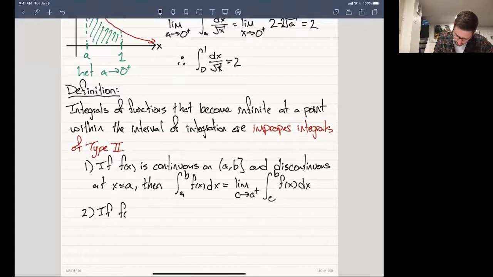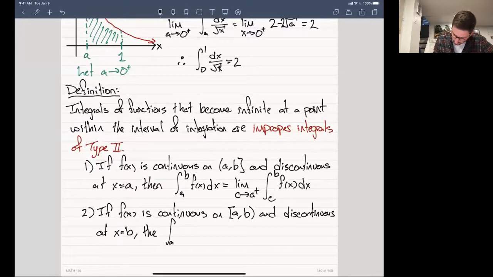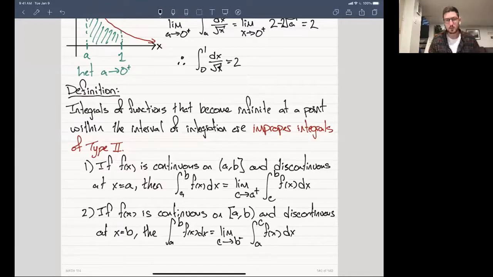So if f of x is continuous on A inclusively and B exclusively, and discontinuous at x equal to C, x equal to B, then the integral from A to B of f of x dx is now the limit as C approaches B from the left of the integral from A to C of f of x dx.